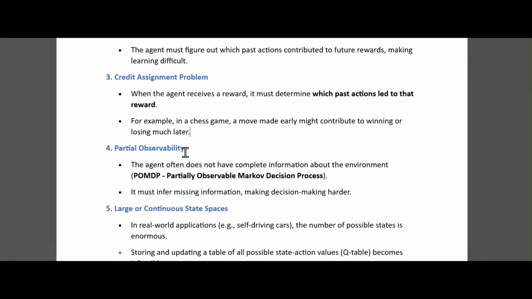And when we talk about partial observability, partial observability is nothing but the agent does not have complete information about the environment. Take another example like playing a game where you can't see the whole board. You just have to make decisions with limited information.